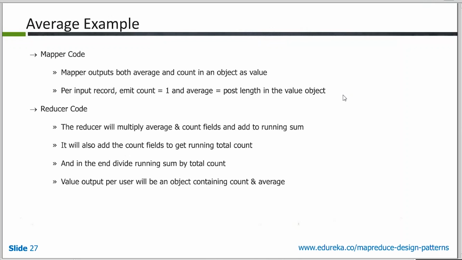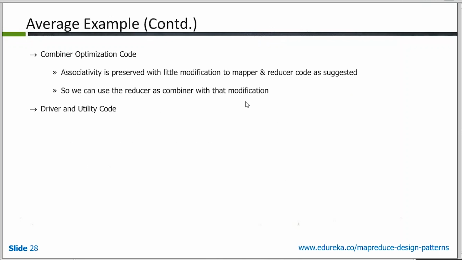To get around this, we have to implement this operation slightly differently, and let's see how we do it. Instead of just outputting the count from the mapper, the mapper is going to output an average and a count value. As far as the count is concerned, we emit count equal to 1 and average equal to the post length for each input value into the mapper.